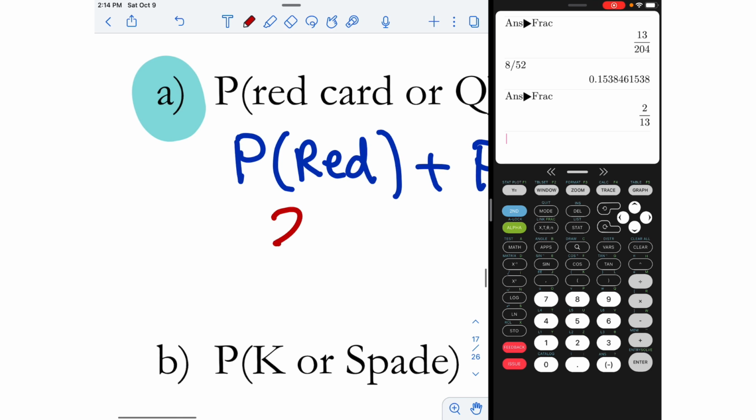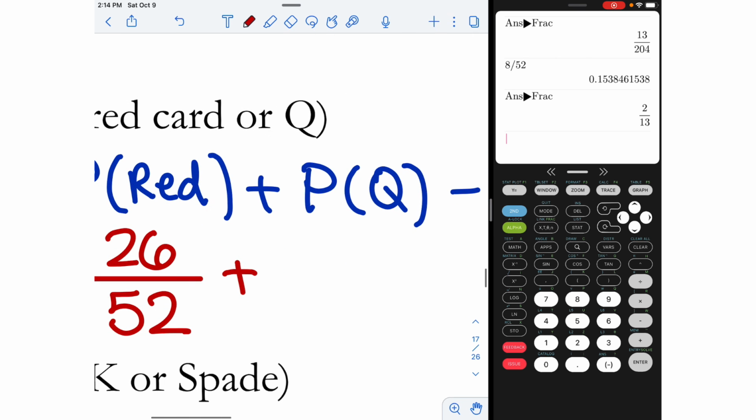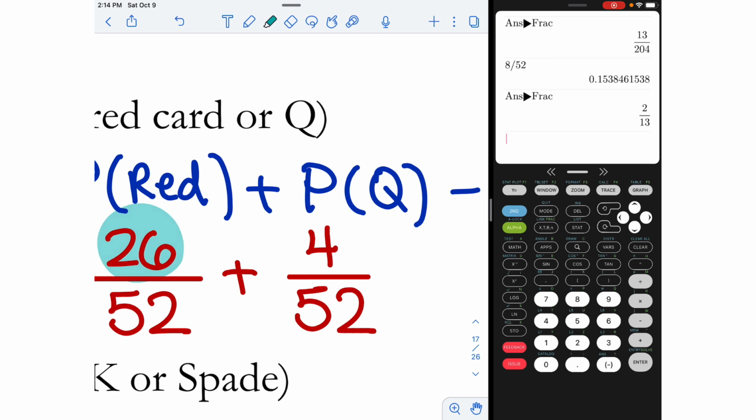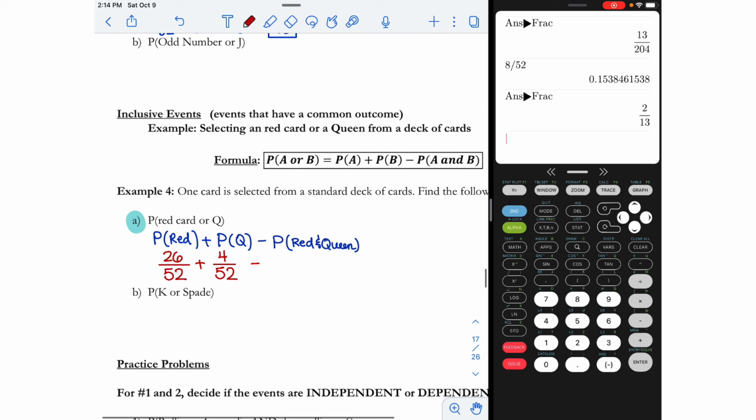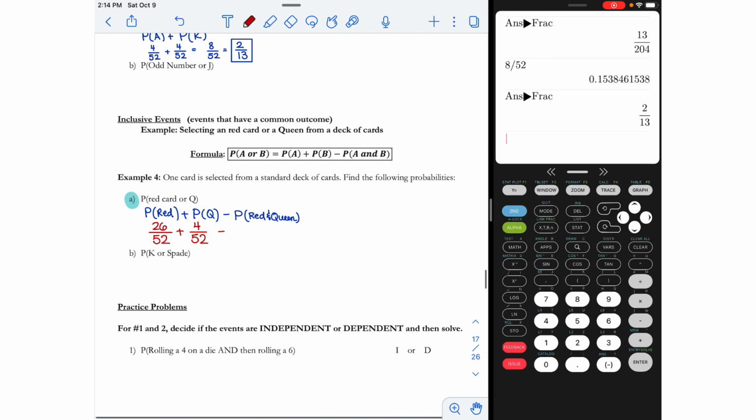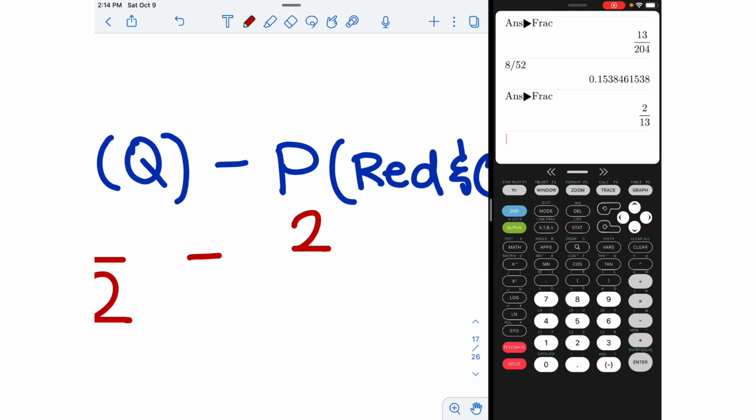So what I mean by that is this. There's 26 red cards in the deck out of 52. There's 4 queens in the deck out of 52. But we already counted 2 of the queens in here. So some kids say, well, couldn't then we just do 2 out of 52? You could do it that way. That's essentially what we're going to do. What I'm doing here is just the formula, which means you subtract out the overlap. So I need to now subtract the 2 queens I already originally counted out of 52.